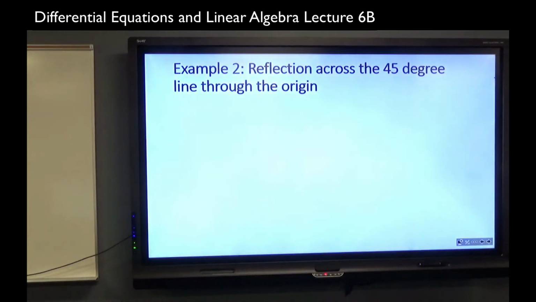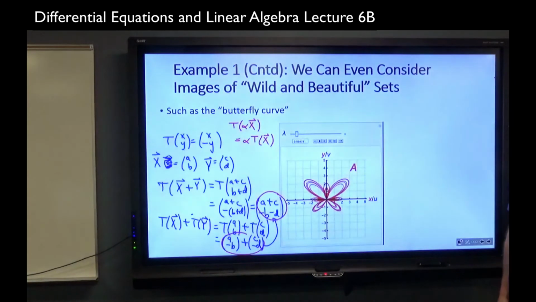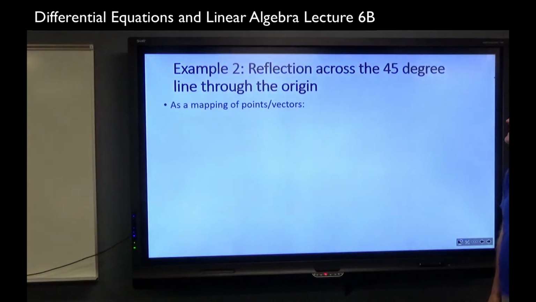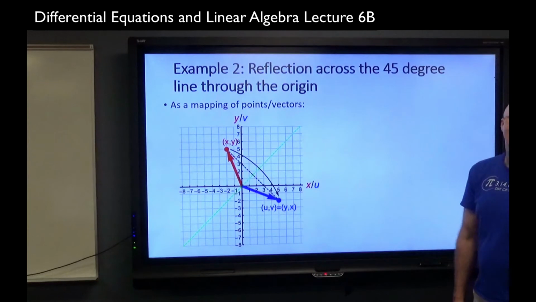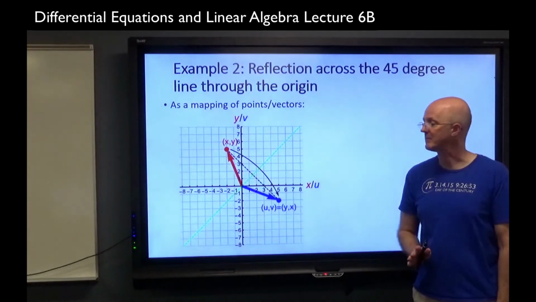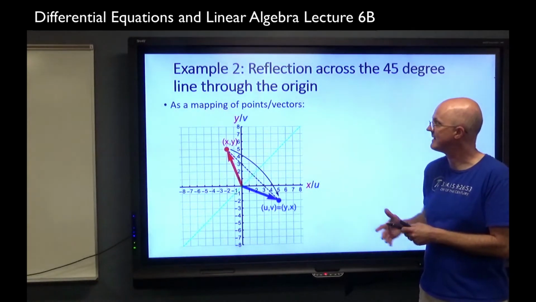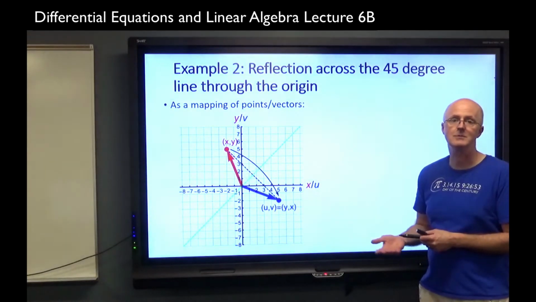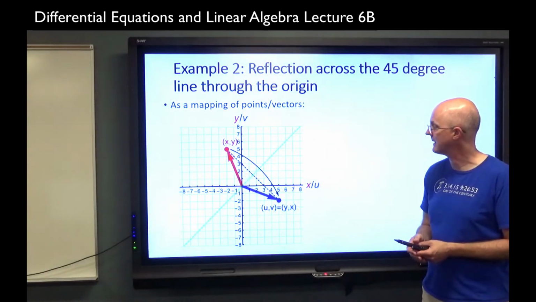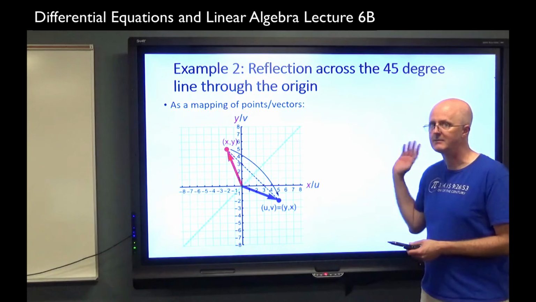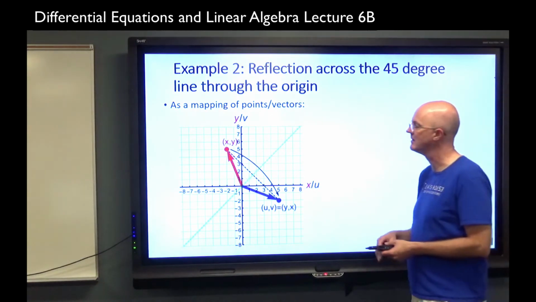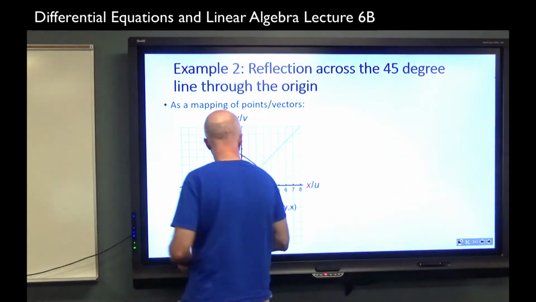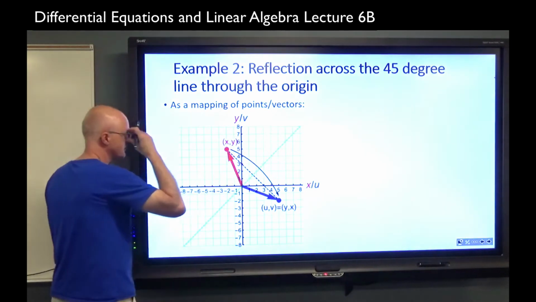How about a reflection across the 45-degree line through the origin? Okay, now I'm just going to show one picture in these other examples. I'm mixing the point view and the vector view, using both points of view in the same picture. And there's not going to be an animation because it made the file too big for the other examples here. So the green line is the 45-degree line through the origin.